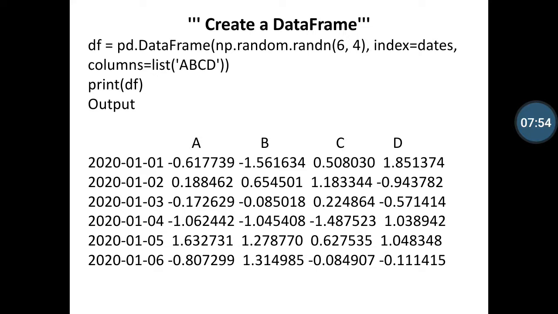Then I also call the NumPy alias np and the function randn, with 6 rows and 4 columns defined here, and index as dates, and columns equal to a list labeled ABCD. Then I want the output, so I write the code print df, and the output is defined, you can see on the list on the slide.